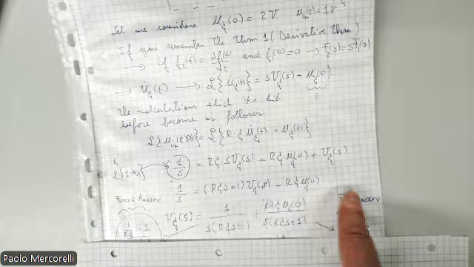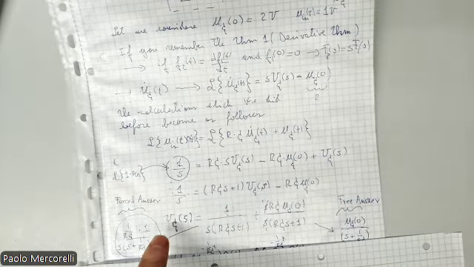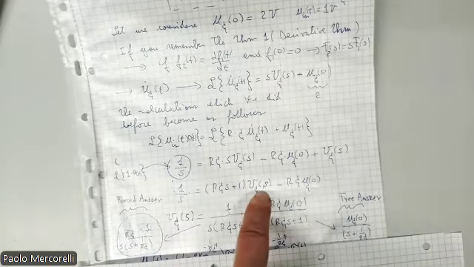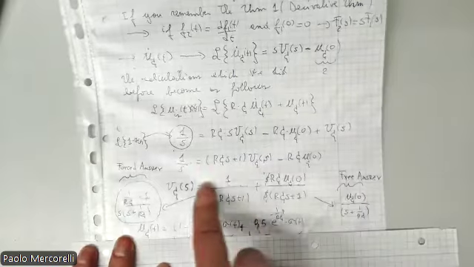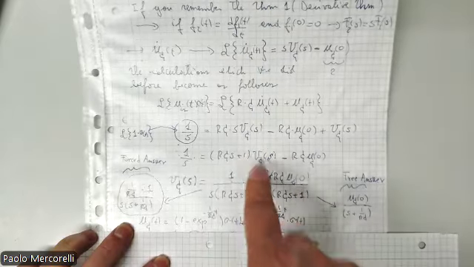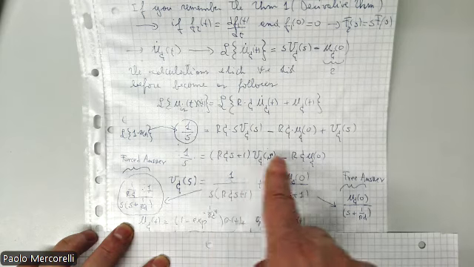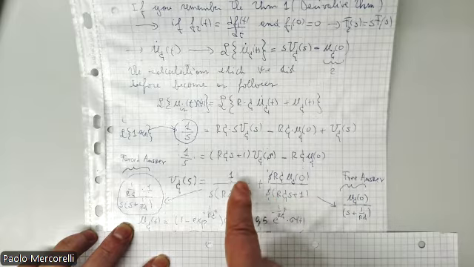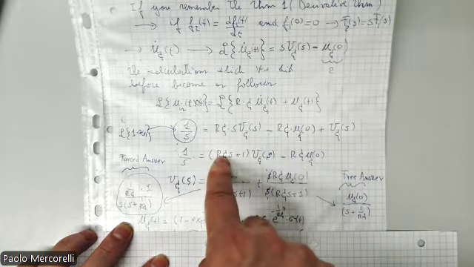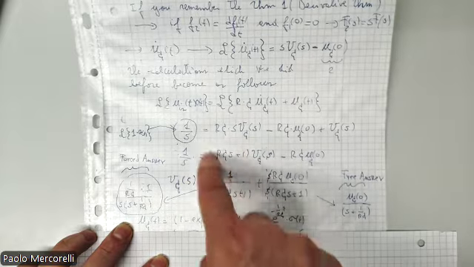Yeah, and now from here I can calculate VC of S, which I put in evidence here, just basically doing some calculation. I don't know if it's clear from here to here, but basically we can say I multiply everything by S, and then I divide by this. Once multiplied by S, I divide by S multiplied by this expression here.